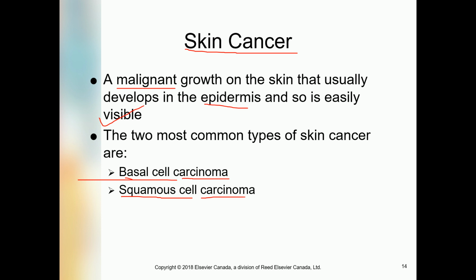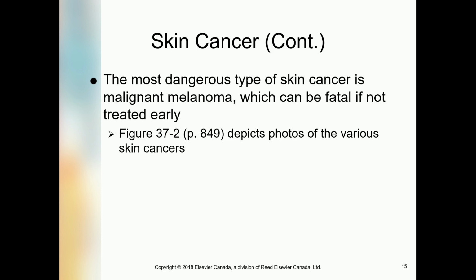Carcinoma is the scientific name for cancer. Again, this is a cancer. Both mean cancer: basal cell carcinoma and squamous cell carcinoma. Let's discuss what these are. The most dangerous type of skin cancer is malignant melanoma. See, another. The most dangerous.